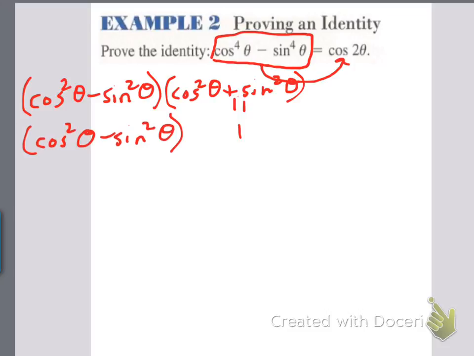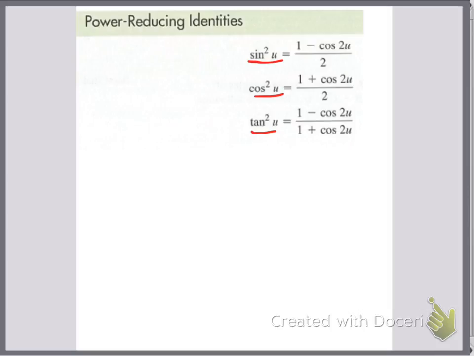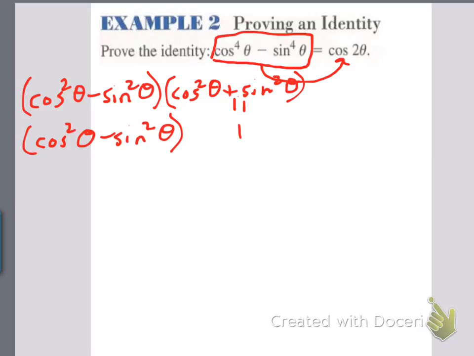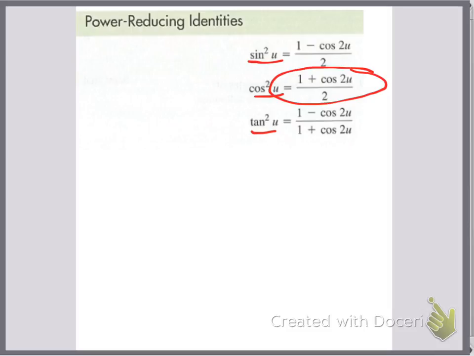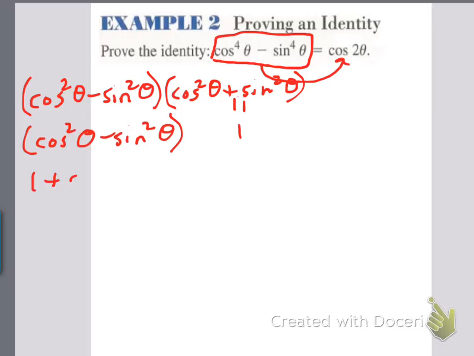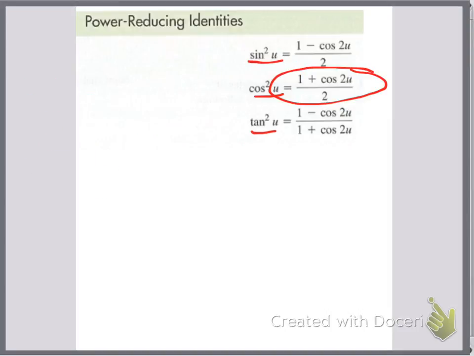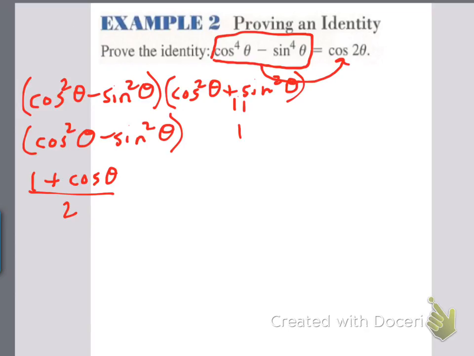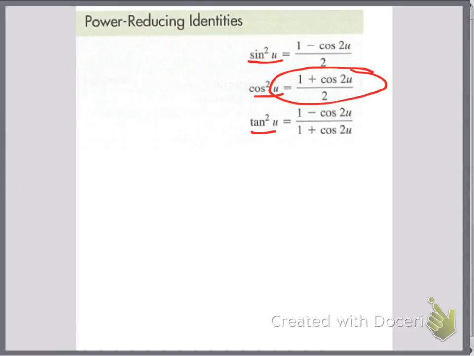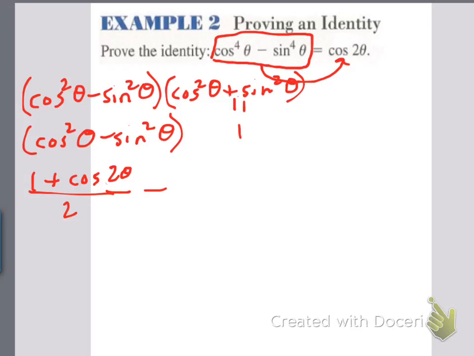Now, cosine squared. We come back here. So I have 1 plus cosine of 2 theta over 2. And then minus sine squared. There's sine squared: 1 minus cosine 2 theta over 2.